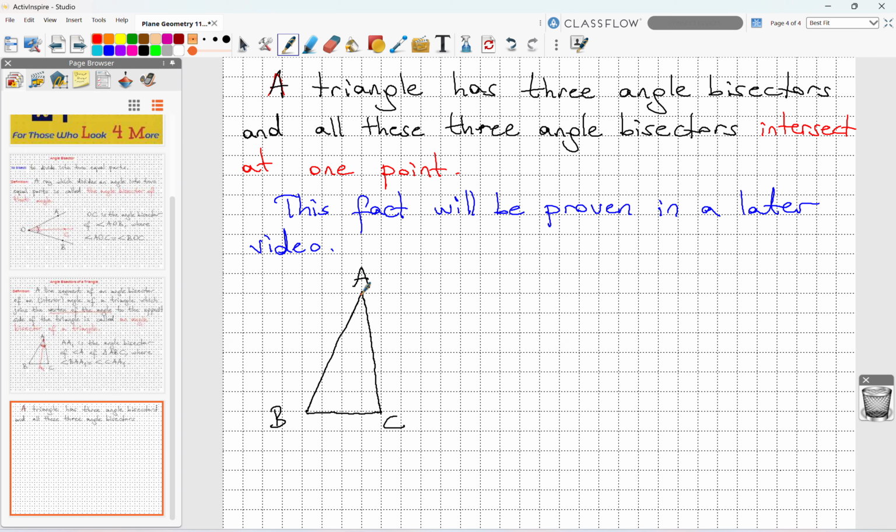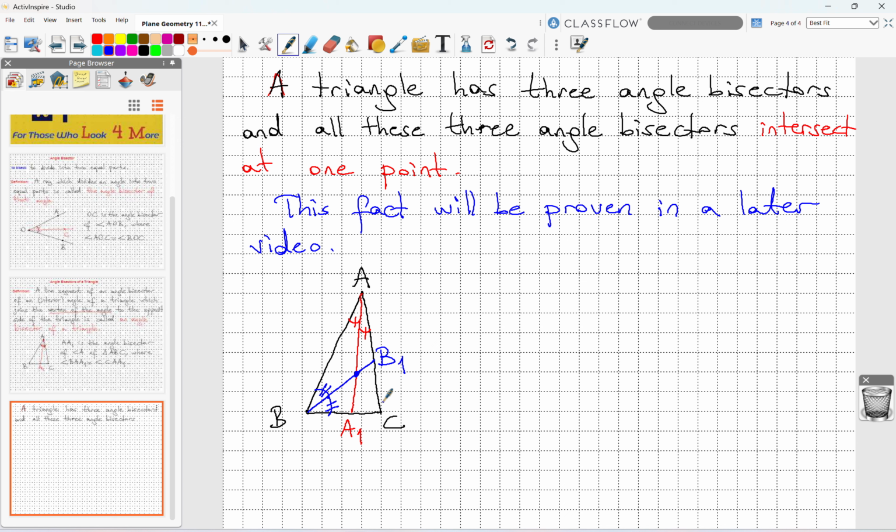Let's say A1 is on the angle bisector of the angle A, and B1 is on the angle bisector of the angle B. When you draw two angle bisectors, of course you understand that these two must intersect. But the main thing is that when I draw the third angle bisector, it also passes through this point. That's the main idea, right?